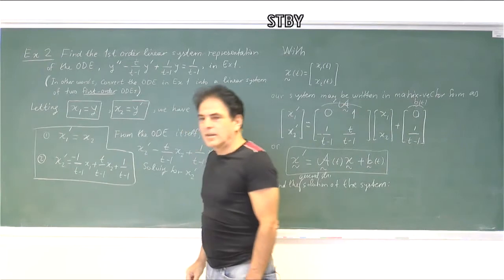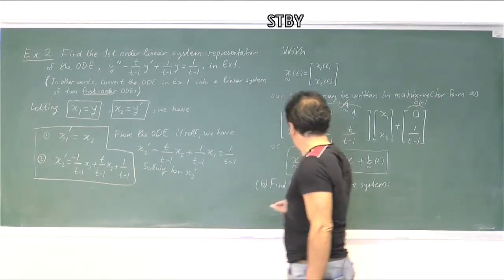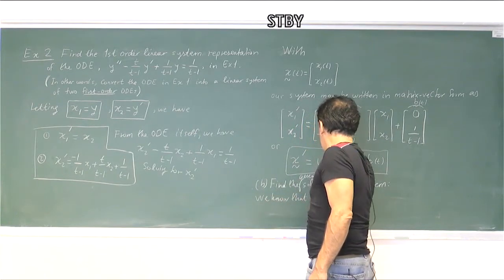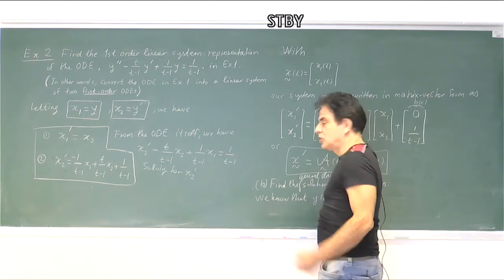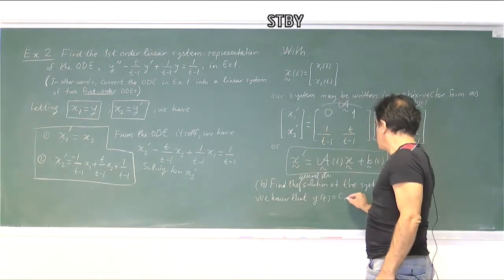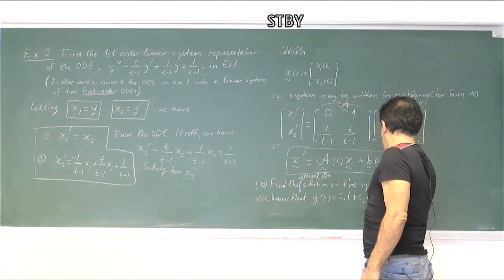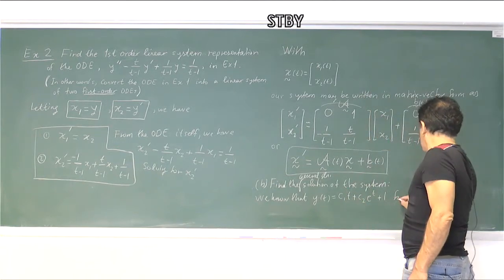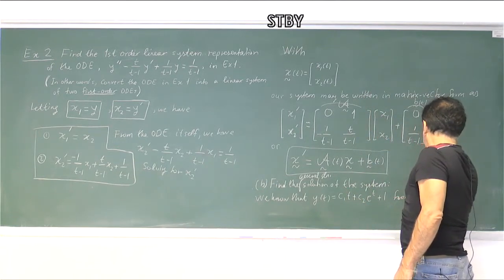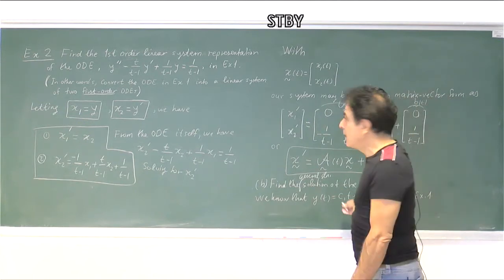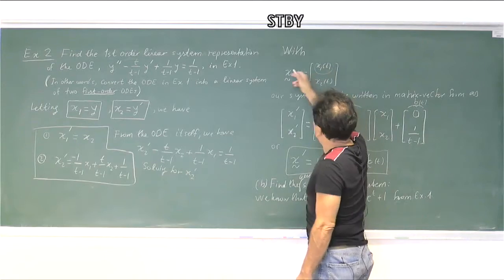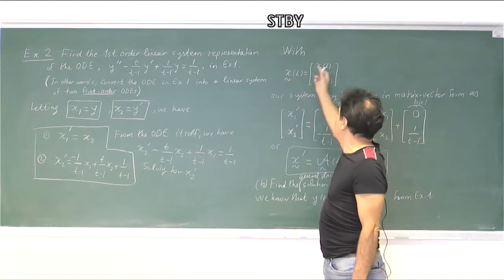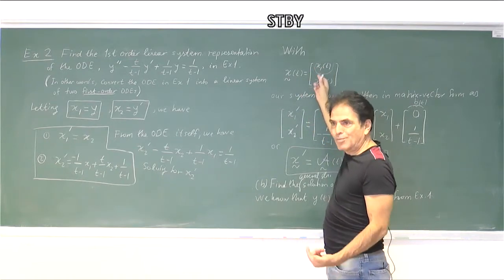We already know that y of t, the general solution, is of this form: c1 t plus c2 e to the power t plus 1, from example 1. And what is y? So now I'm looking for the vector solution x. So I have to find its two component functions.